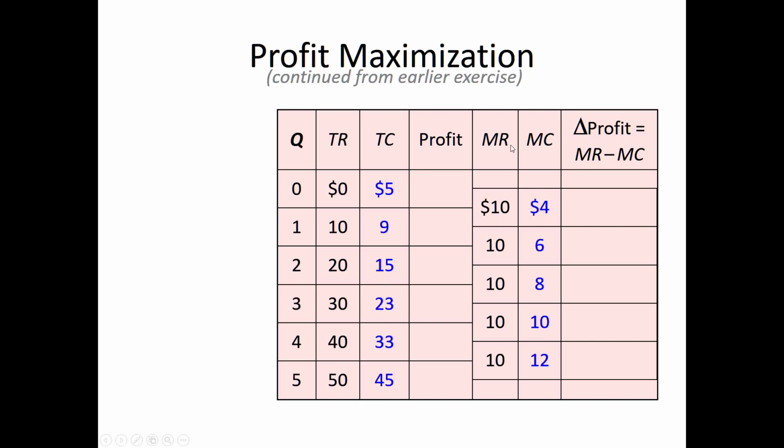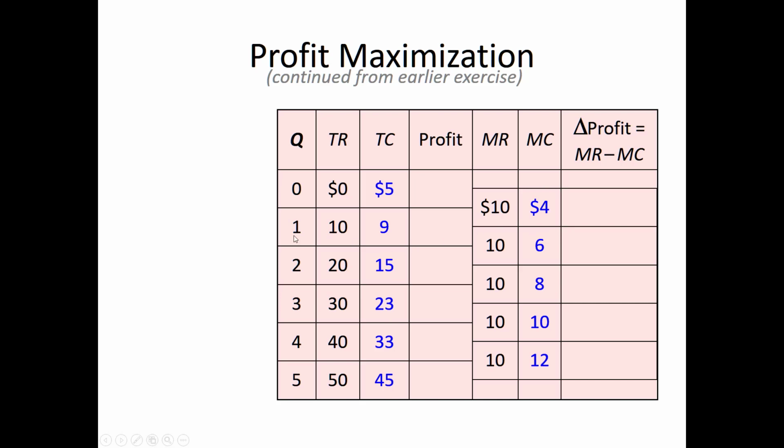We already calculated marginal revenue in the previous slide. Now let's calculate marginal cost. As I increase quantity from 0 to 1, my costs increase from 5 to 9. The difference is 4, so my cost is increasing by 4 units.